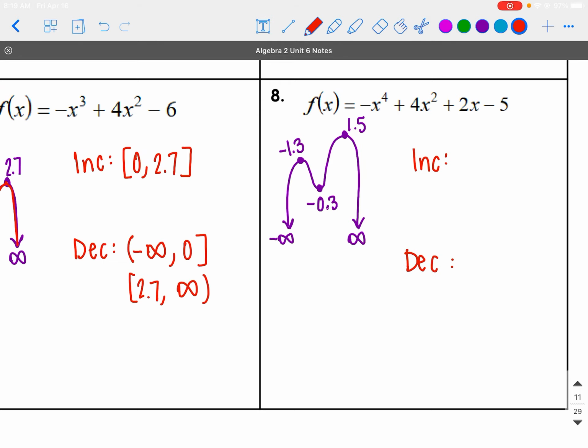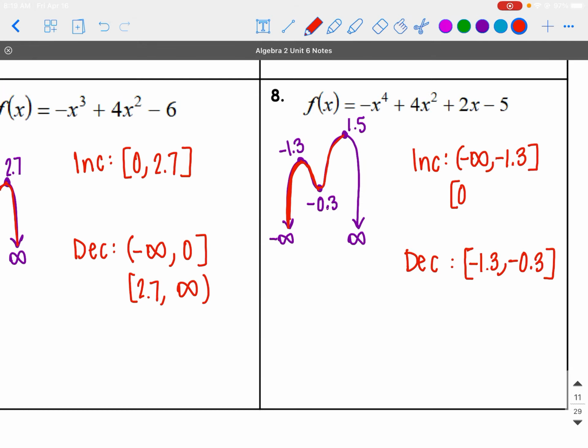Okay. I think this is the only one that we've had that starts out increasing. So it goes up. It increases from negative infinity to negative 1.3. Then it decreases from negative 1.3 to negative 0.3.